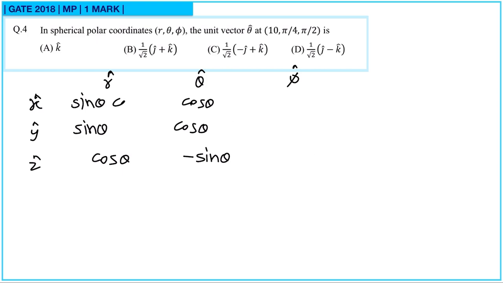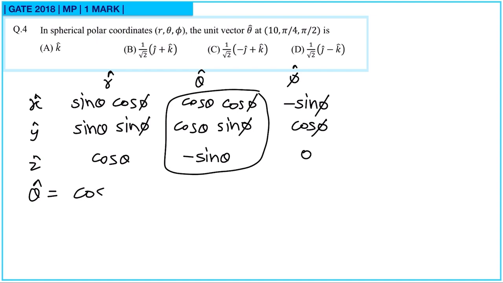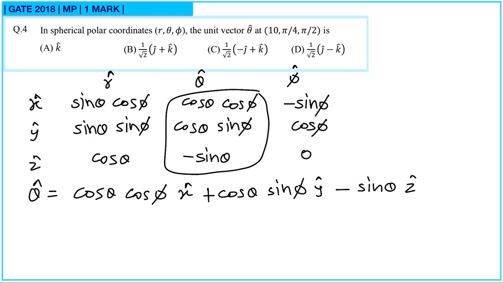So first will be cos phi, here also cos phi, then here cos phi, then sin phi and minus of sin phi, and here 0. So theta cap is equal to this part. So this will be cos theta cos phi x cap plus cos theta sin phi y cap minus sin theta z cap.